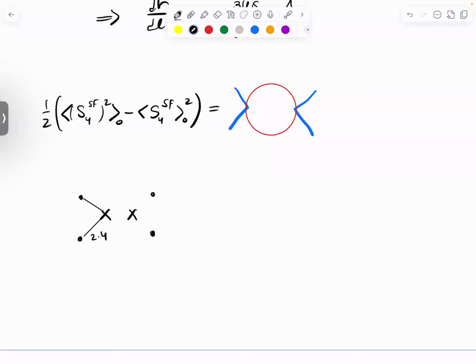This guy gives me 3. This guy gives me 4. This guy gives me 3. And then in principle, I get here 2, but it's canceled by the fact that I can flip. So overall, if I did this correctly, I get 4 times 4 times 3 times 3 times 2.